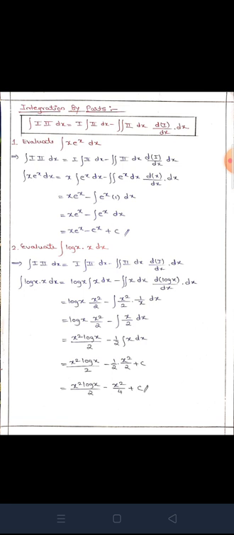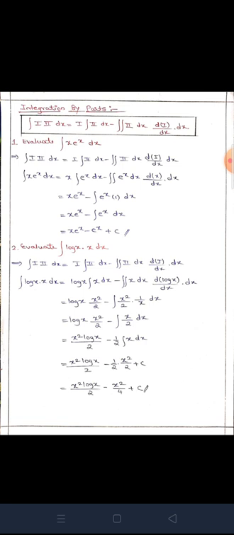In the next step, x will remain as it is. What is integration of e raised to x? It is e raised to x, minus one integration sign kept as it is. And what is integration of e raised to x? e raised to x. Then you have differentiation of x, which is nothing but 1, so I have written 1 dx.